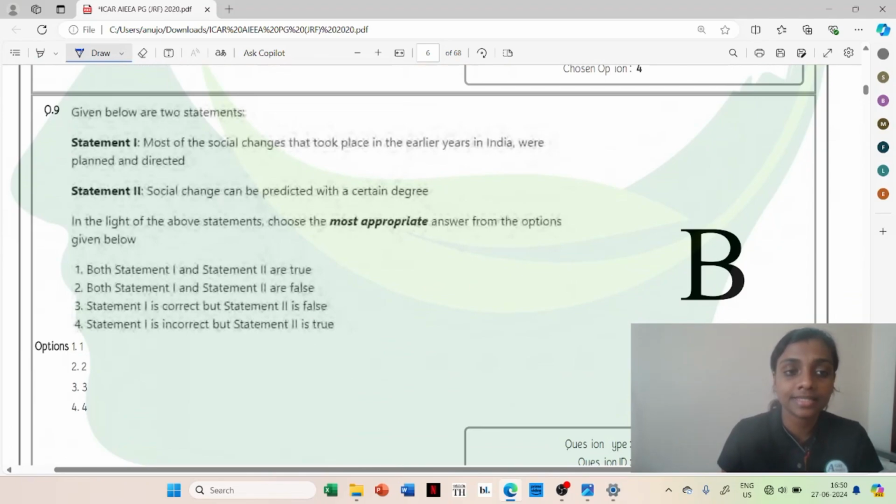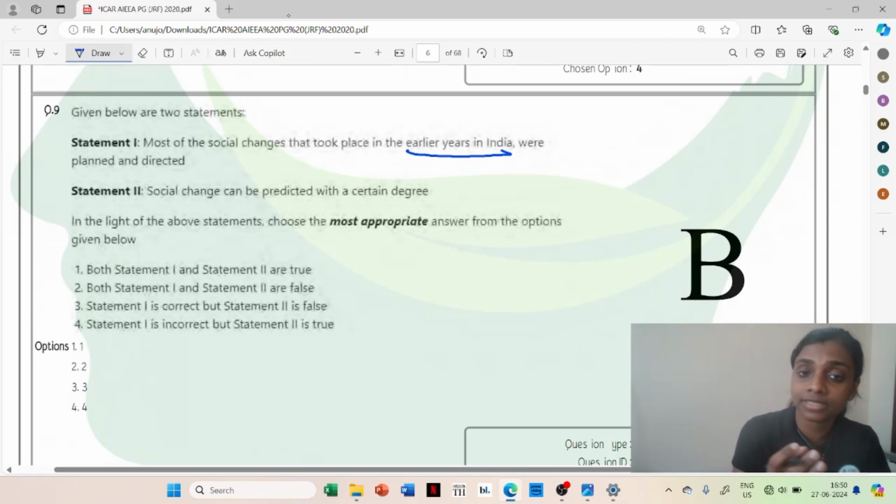Next question is a statement type of question. First one, most of the social changes that took place in the earlier years in India were planned and directed. We might have studied the pre-independence programs and post-independence programs in India.